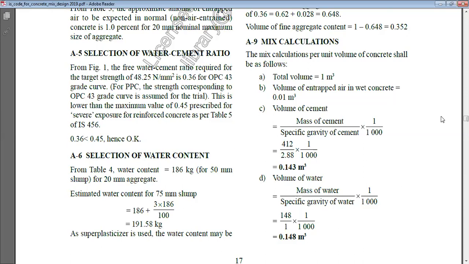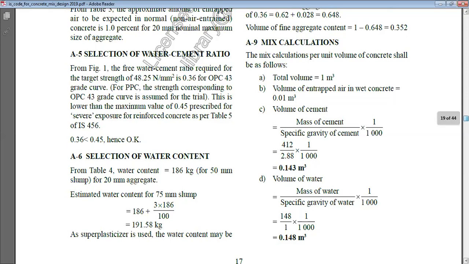Okay, next very important is the calculation of water content. The table number 4 will give the water content for different grades of concrete and for different slump values.